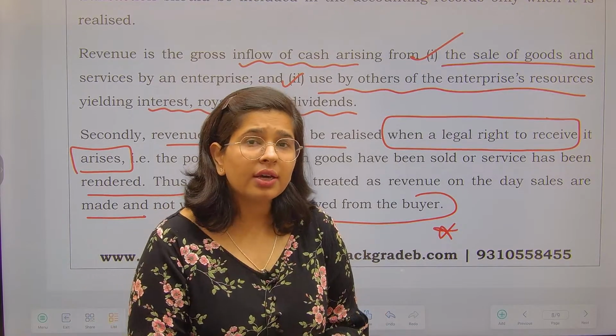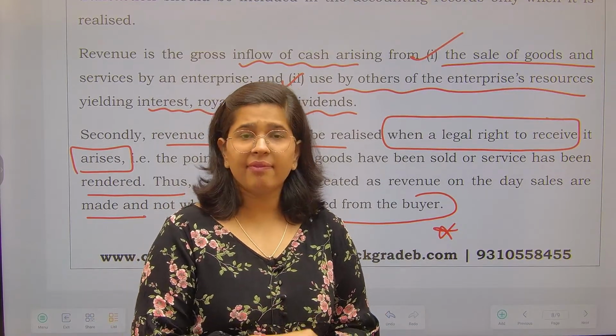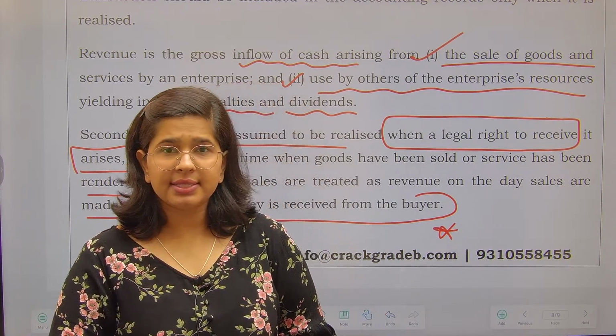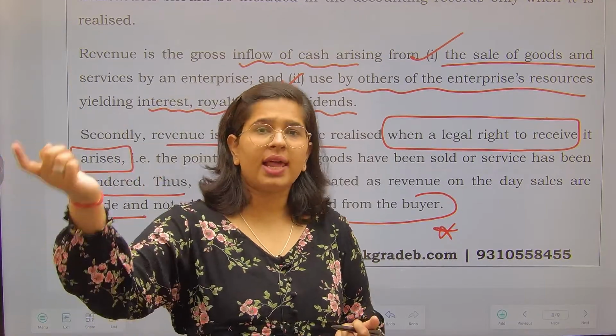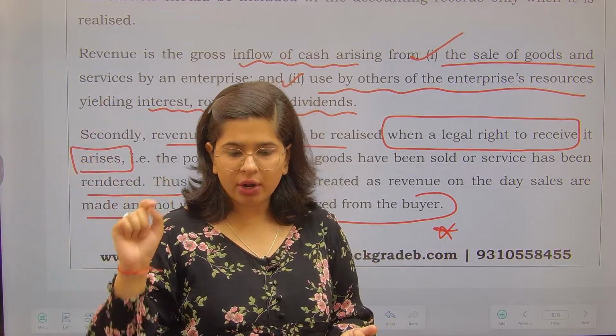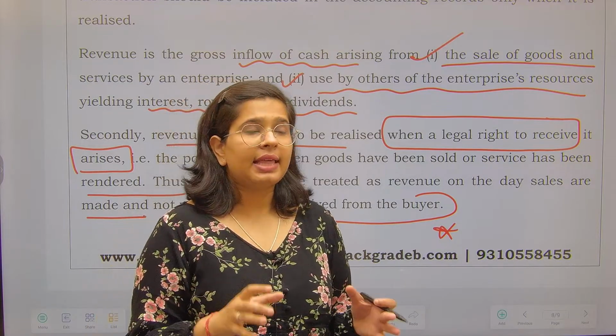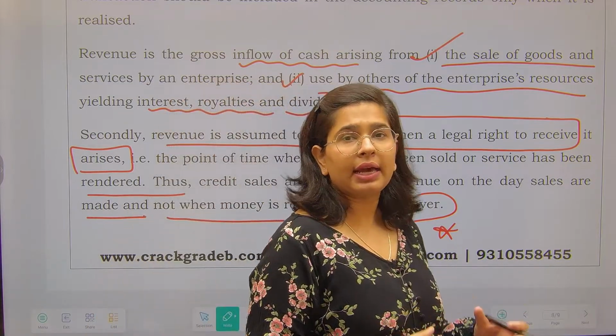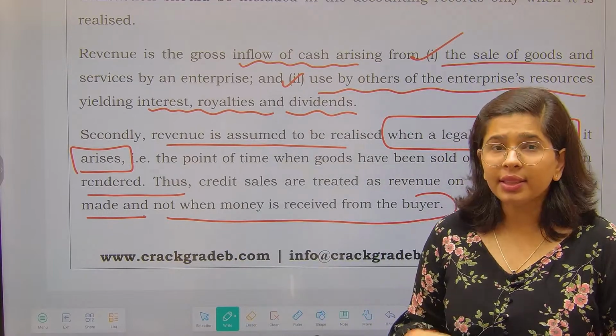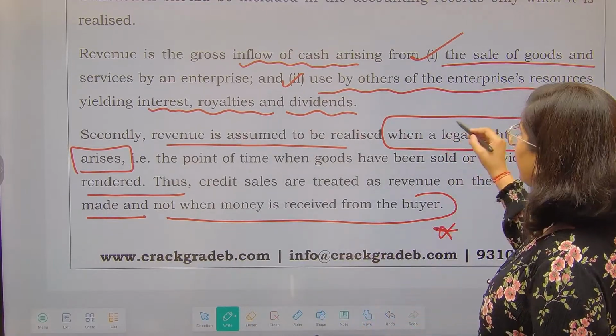तो मैं कब रिकॉर्ड करूं अपनी बुक्स में? आज की डेट में, whether I should record in today's date the sales or after 2 months when I will be receiving the money. So revenue recognition says that you should record your income into your books on the day when legal right arises.